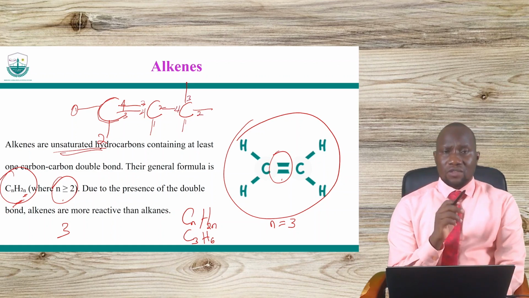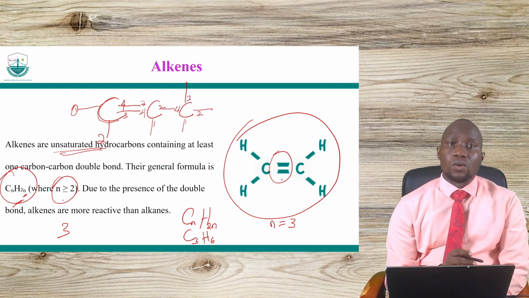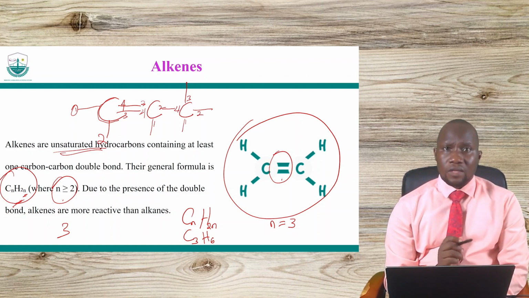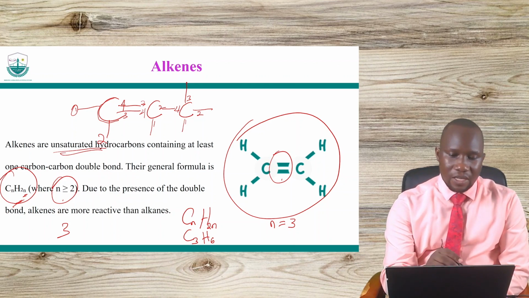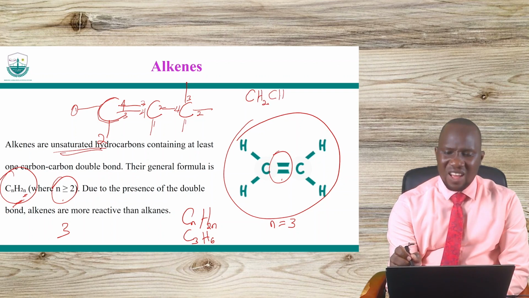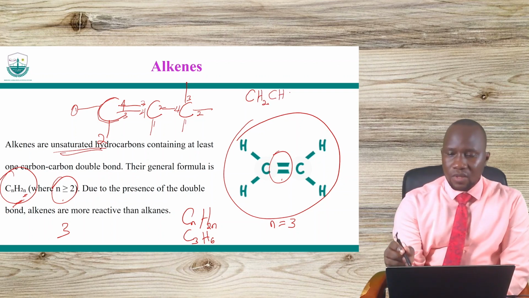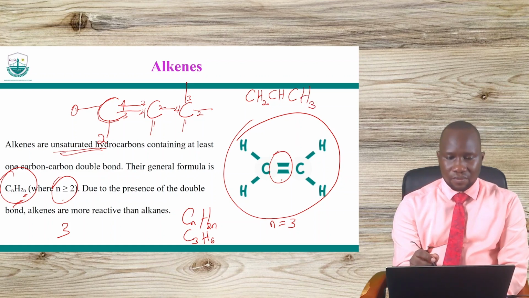So each one has 4 bonds. That's the rule for these compounds. That means that we can write this as C, the first carbon has 2, the next carbon has 1, the third carbon has 3.